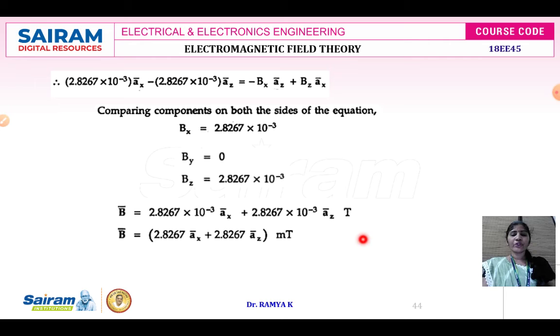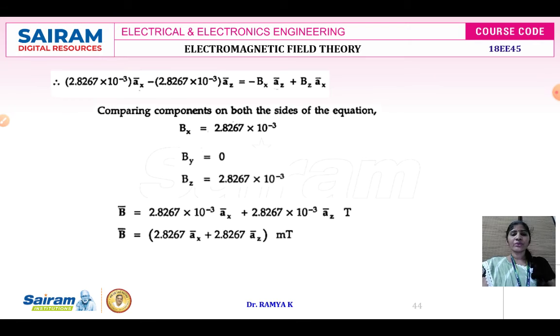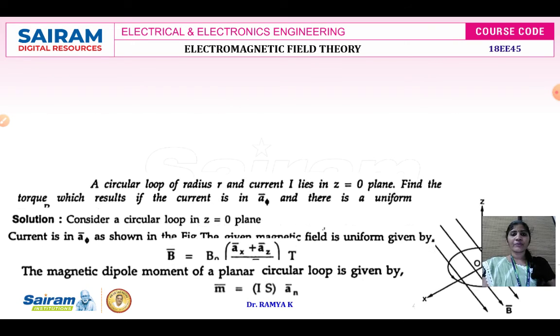Therefore, the magnetic flux density is 2.8267 Ax plus 2.8267 Az millitesla.